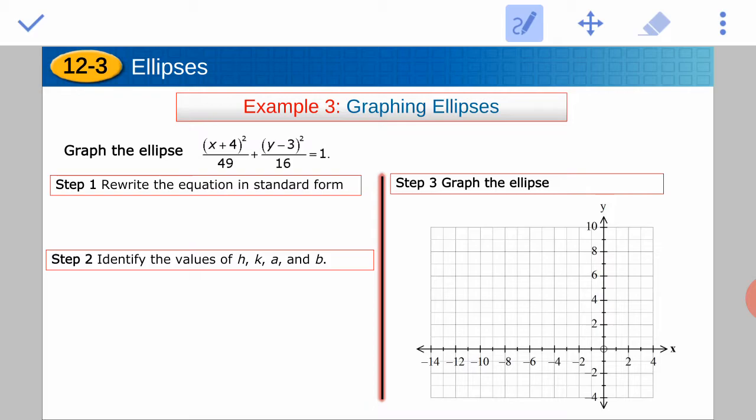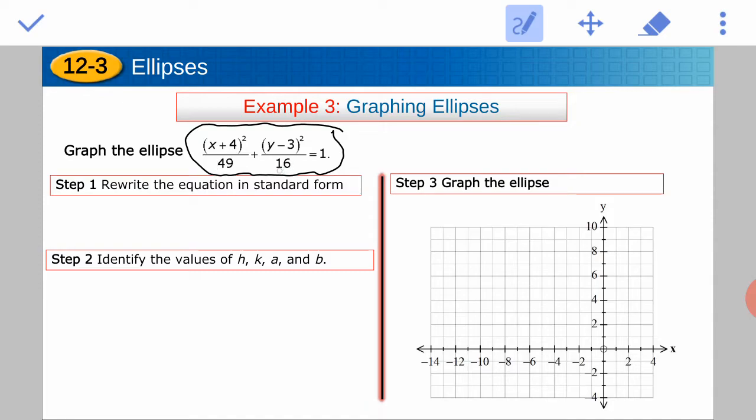We have a couple of examples today. In example 3, you need to learn how to graph an ellipse described by a given equation. This is the given equation, and we need to graph this ellipse. First of all, you need to write this equation in standard form. In standard form, the number in the denominator has to be a squared number.